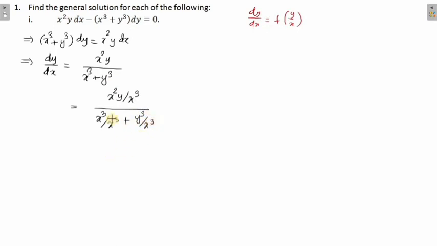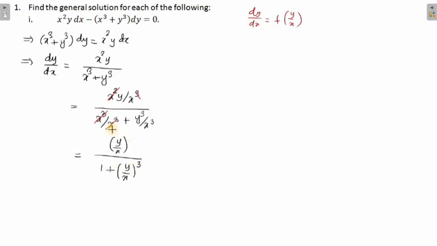Now you see a few things get cancelled. In the numerator you will have y by x, and in the denominator you have only 1 left. So can I write this as y by x divided by 1 plus y by x whole cube? Yes.